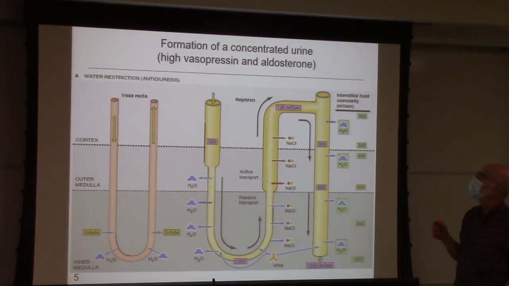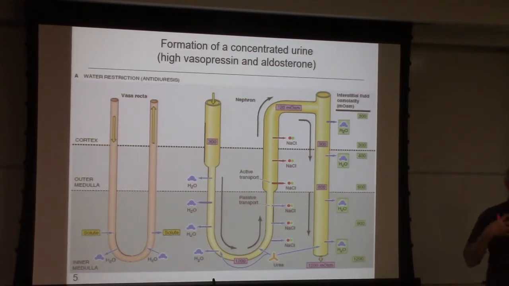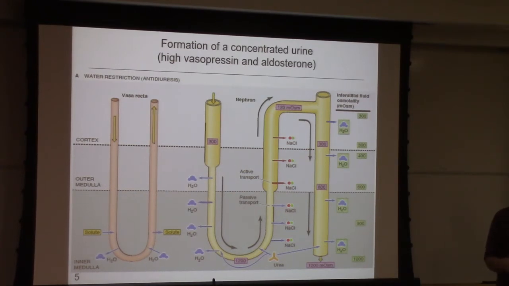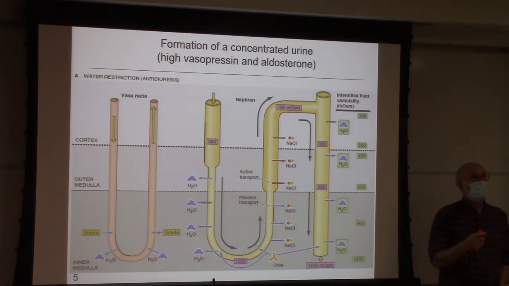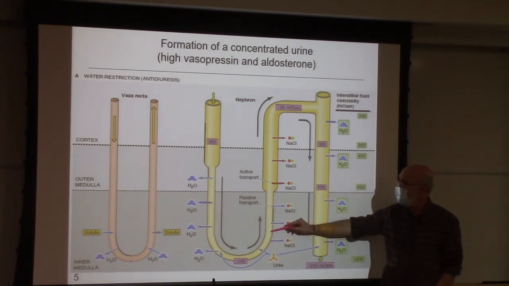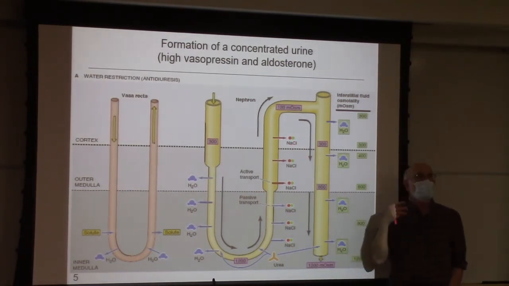Okay, in the dehydrated state, low water in the body, we need to conserve it. So aldosterone is released. Aldosterone tells the ascending limb of the loop of Henle, make more pump.